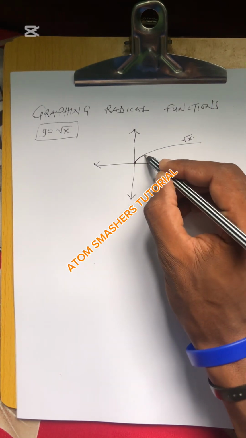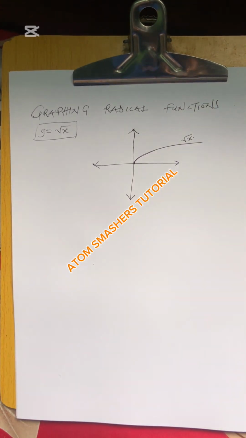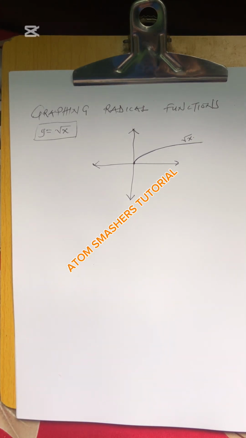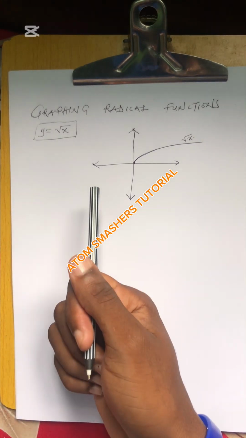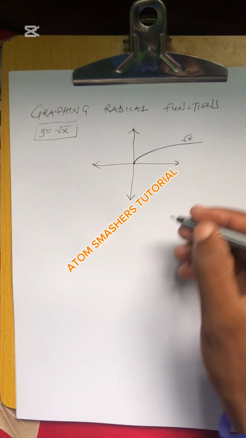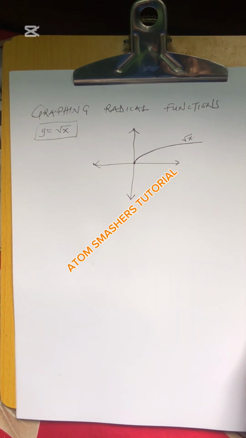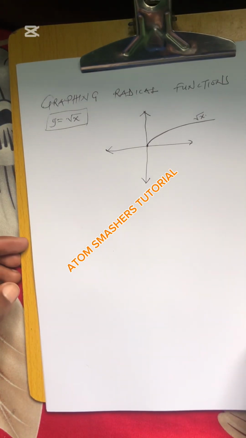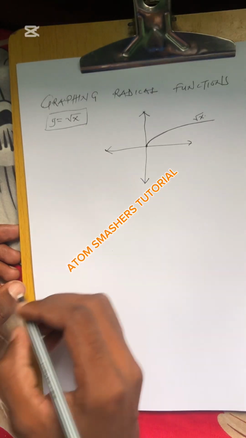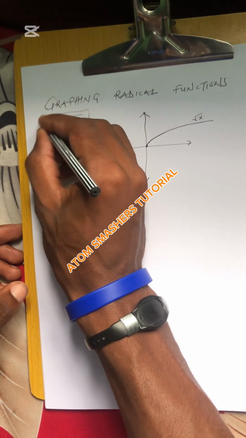But negatives won't give you solutions, because they will give you complex numbers. That's why it's not going this side, it's going this side. Now we see the behavior of the graph. This is the first one.